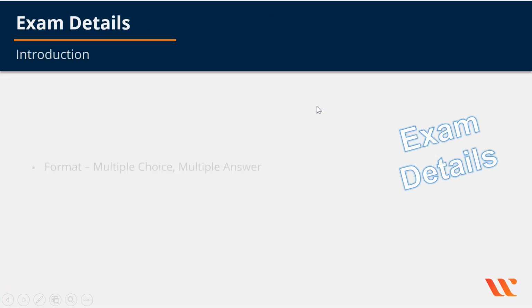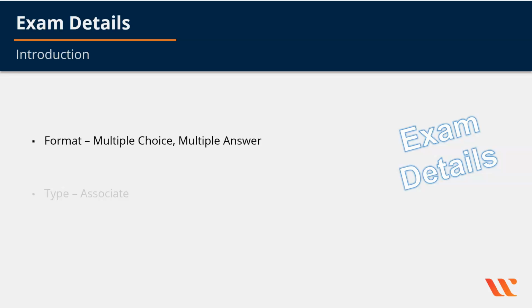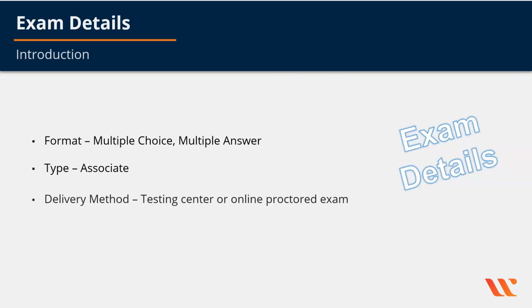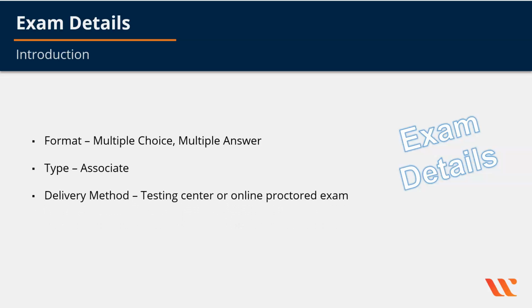Let's talk about the exam details now. The format of the questions will be multiple choice and multiple answer. It means you have to select the correct one among the multiple options. We all know that it's an associate level exam. We give this exam in testing centers, but due to this COVID situation, we can appear for this exam at our home as well.